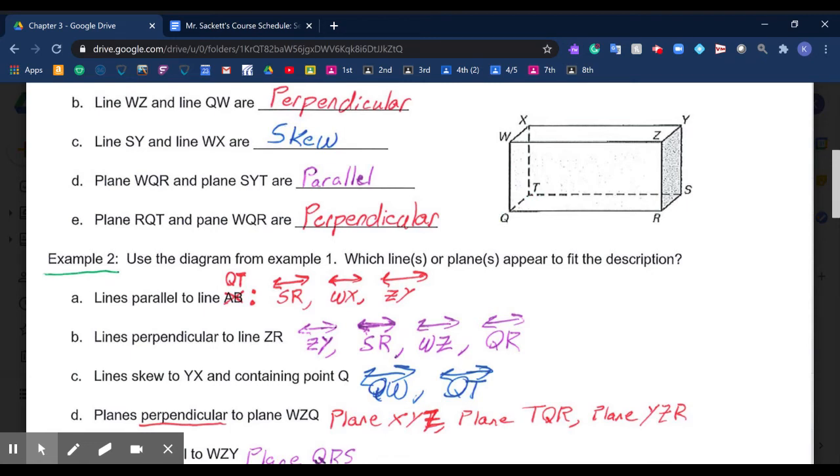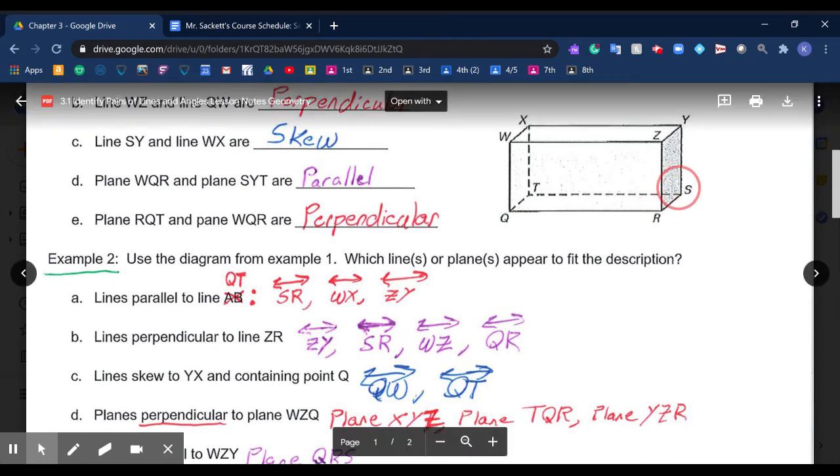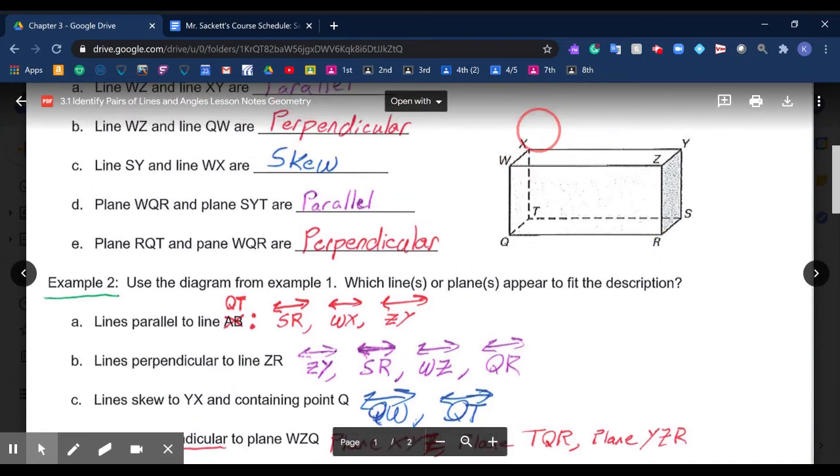What would be parallel to QT would be SR on the same plane, WX on this plane, and ZY, because even though they don't draw it in, there would be a plane that runs diagonally from QT to ZY.